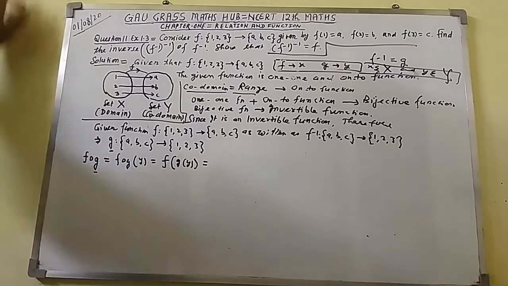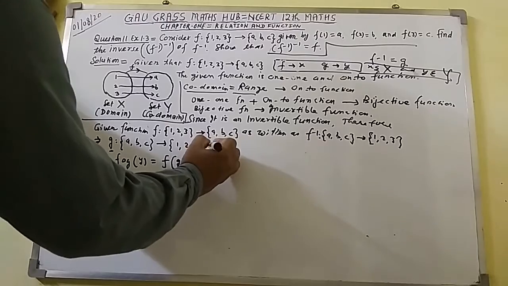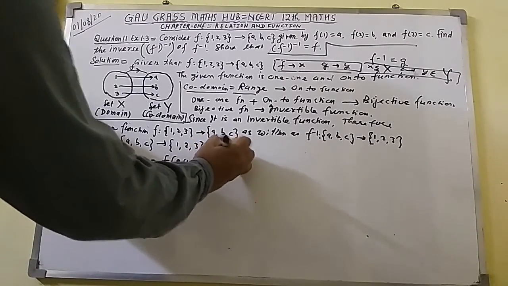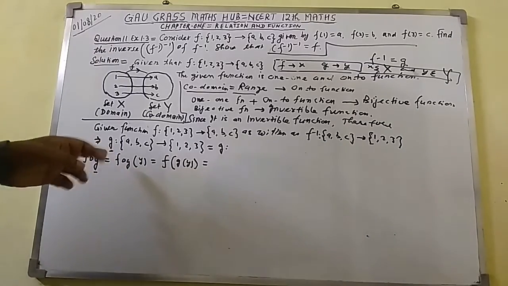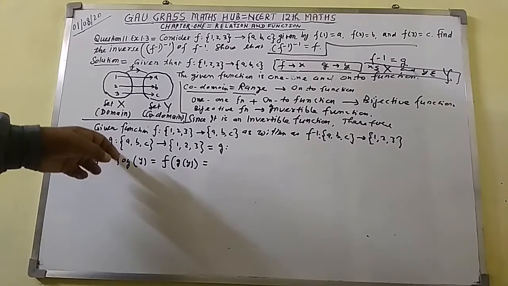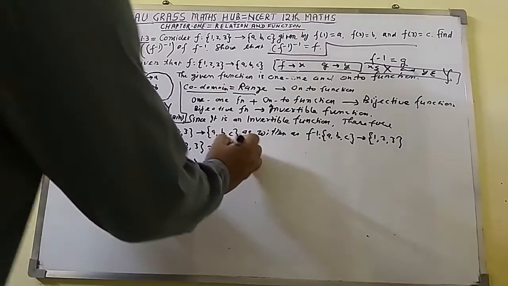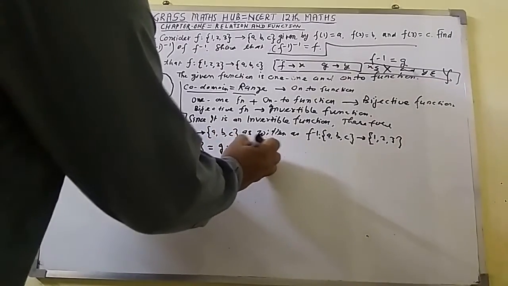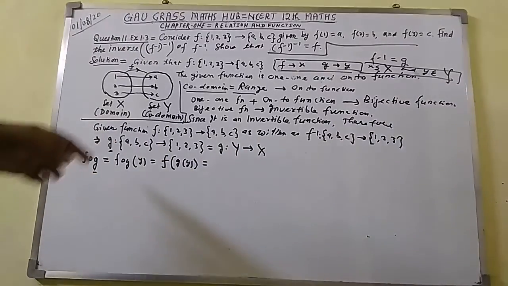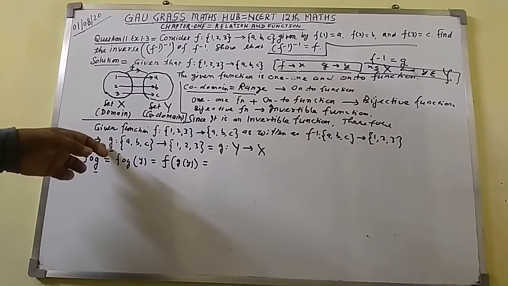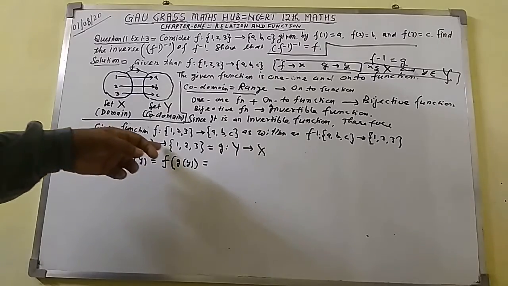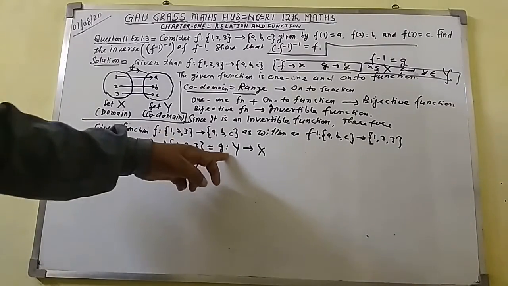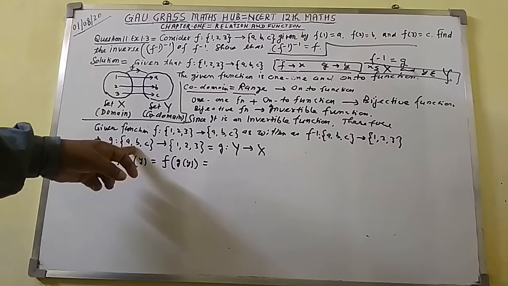This will be termed G: this will become gy. So capital Y goes to capital X. This means that G maps A, B, C to 1, 2, 3. So here I have written G: this is Y, capital Y.